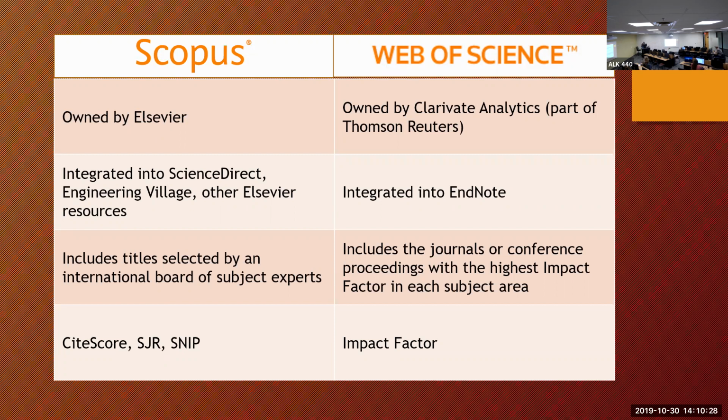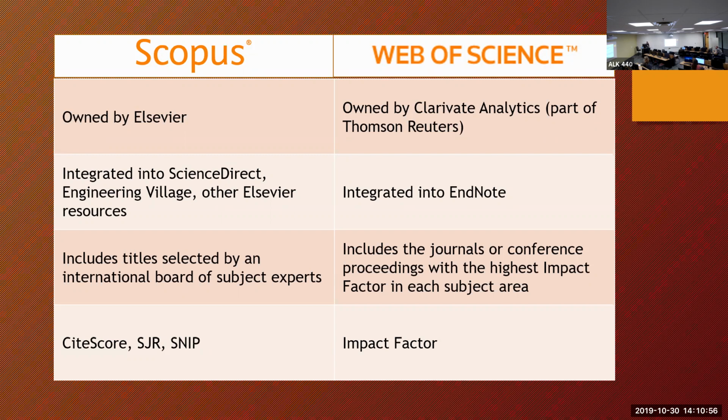So I would say when you're looking at rankings between the two, between Scopus and Web of Science, you will see quite a bit of difference in what they consider the top journals. And that's for really three reasons. One is the metrics are calculated a little differently, so the numbers will actually be different. The next is obviously how they select their material. So some titles may be in one database, but not in the other at all.